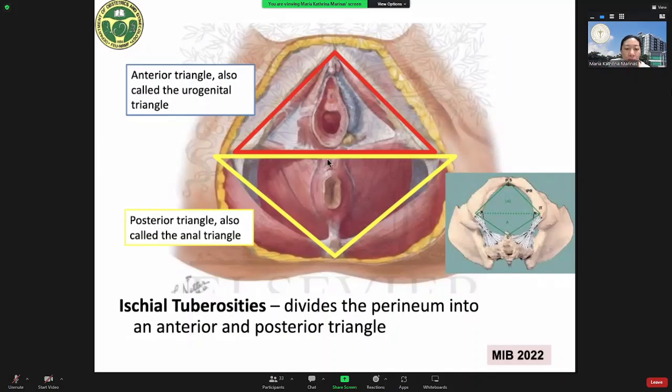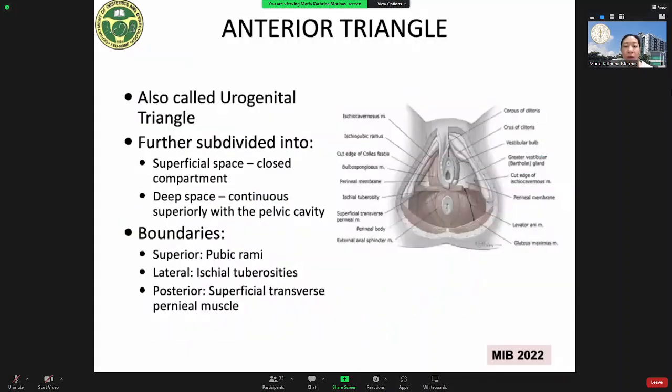The anterior triangle further subdivides into a superficial space and a deep space. The superficial space is a closed compartment, whereas the deep space is continuous to the pelvic cavity.